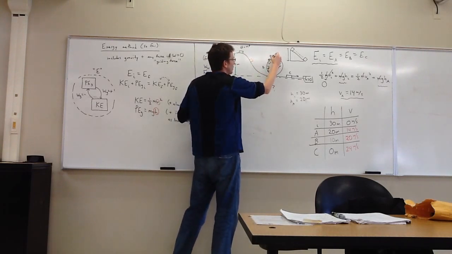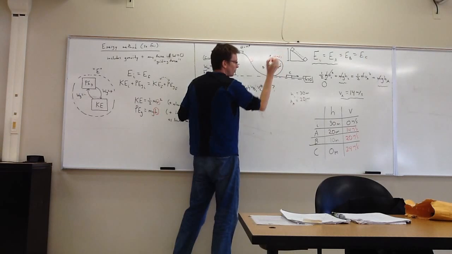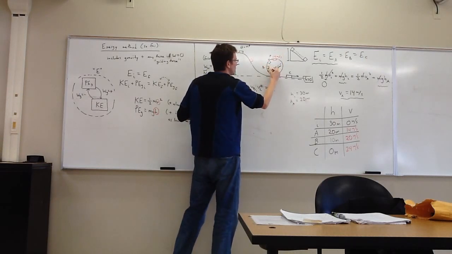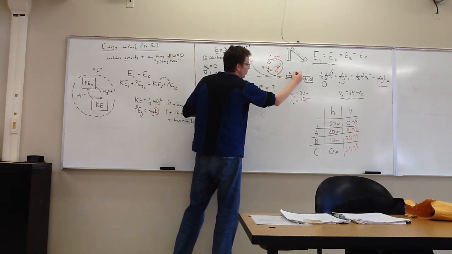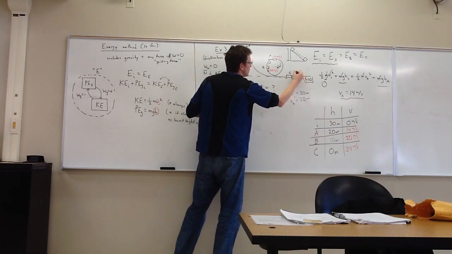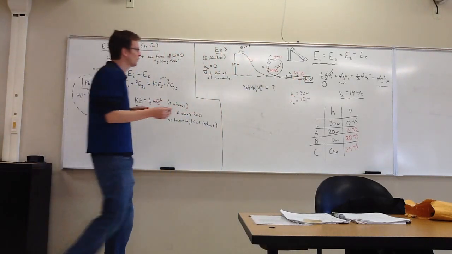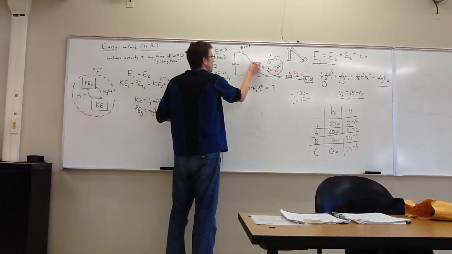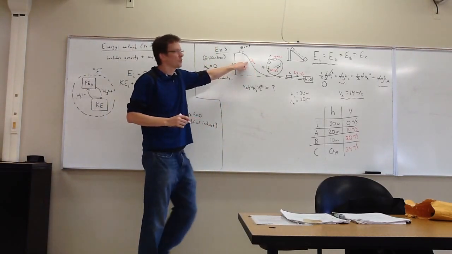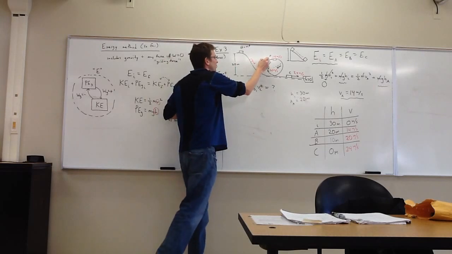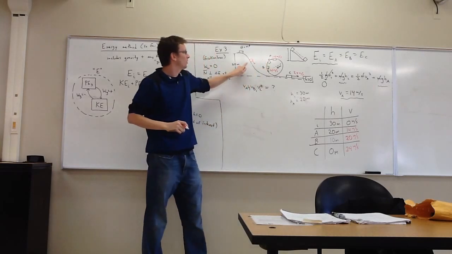This was 14 meters per second. This was 20. This was 24. Those are just the sampling. How fast would you be going right here when you're sliding down the initial hill, but you're level with this point? How fast are you going right there?